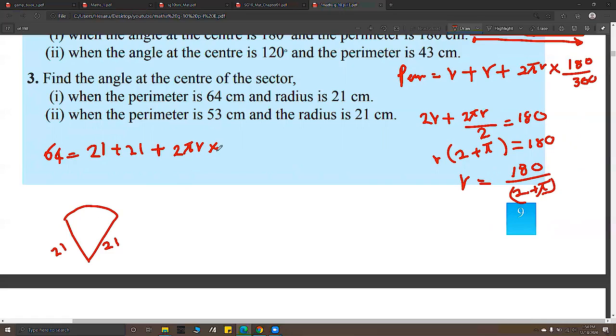So you just take it as theta and divide it by 360. By simply solving this equation, you can get an answer for theta. This one has only one unknown, which is theta. Pi r, it's 21. You can find out theta by simplifying this equation.